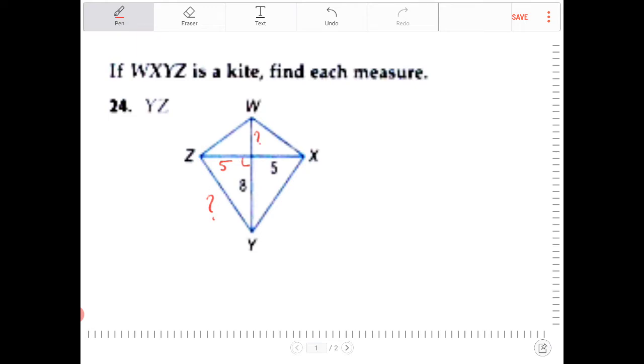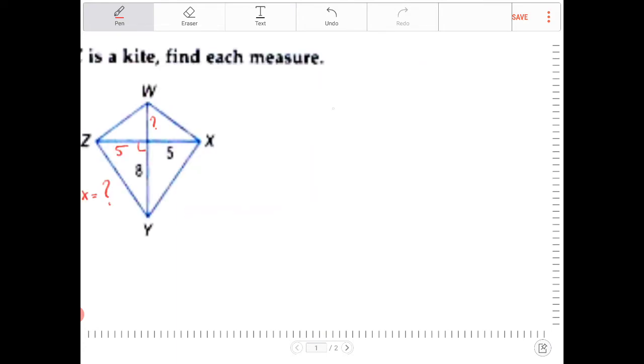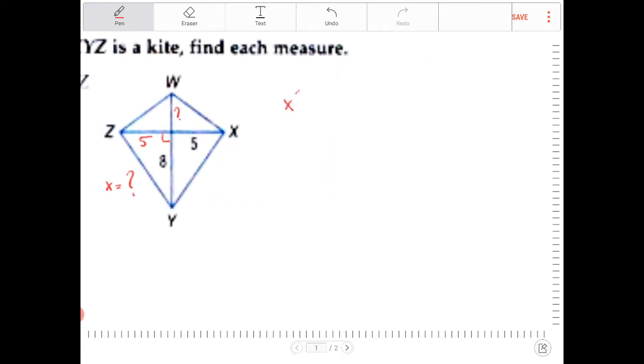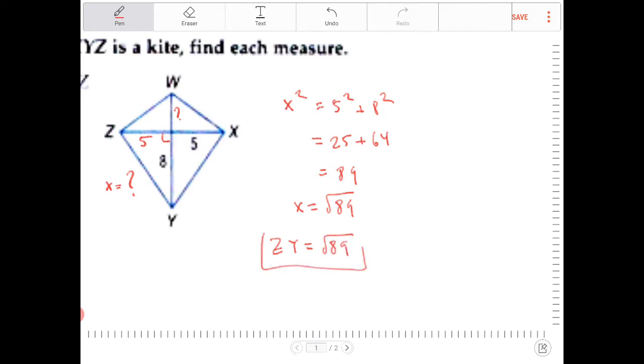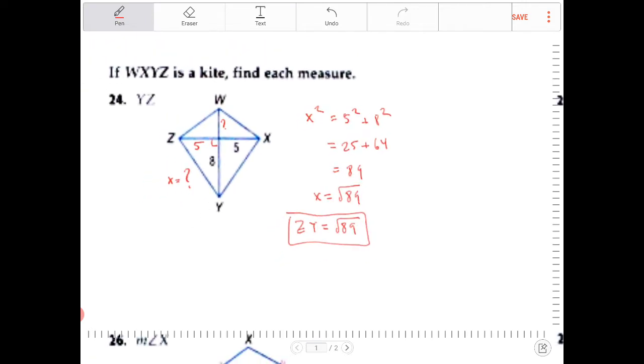I need to find out what ZY is. So ZY, I'm going to call that x. So I know that x squared is equal to 5 squared plus 8 squared, which is 25 plus 64, which is 89. So x is equal to the square root of 89. So ZY, or YZ rather, will equal the square root of 89.